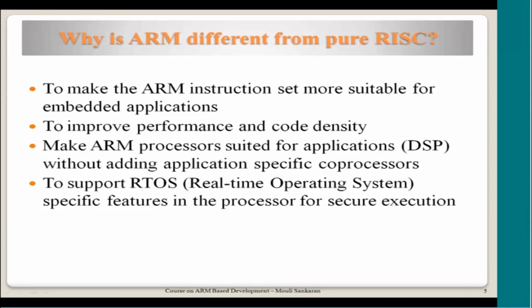The most important thing is that whatever code is generated by the compiler or the assembler needs to have a small footprint, occupying fewer bytes, so that it can be put into a small ROM or flash without occupying too much space in the embedded hardware, so that we save space as well as the bill of materials for the hardware. Apart from that, the ARM processor also includes some high-level application-specific instructions, and it also needs to support a real-time OS.